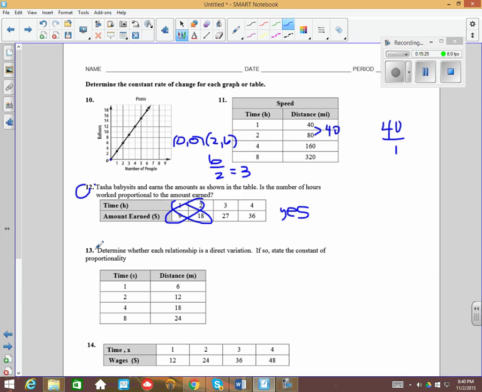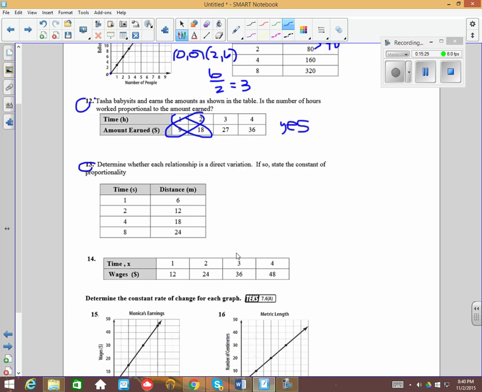Number 13: determine whether each relationship is a direct variation. Direct variation is just like rate of change, except it does start at the origin. So is this a direct variation? Is it the same rate of change? You know that 6 is multiplied times 2 to give you 12.